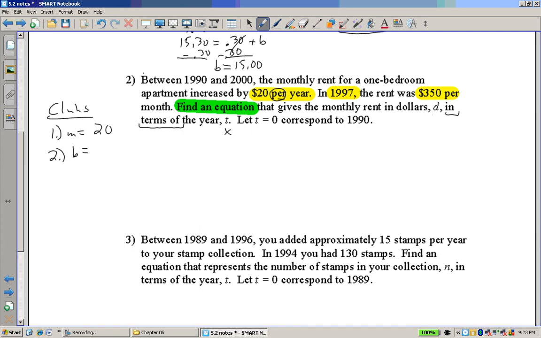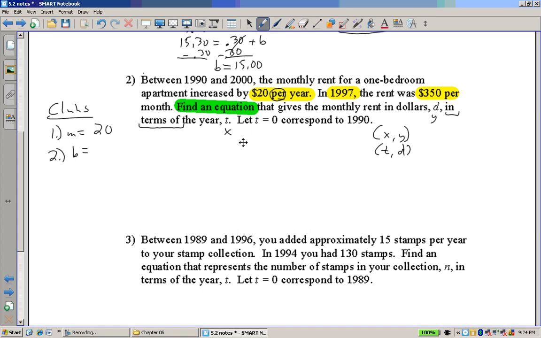What's in front of that is what I would normally think of as the y. So instead of thinking x, y, now we're going to think t, d. Again, that may feel a little awkward, but really they're trying to give us a clue as to which of these variables they want to use for x and for y, the traditional x and y values, the independent and the manipulated.